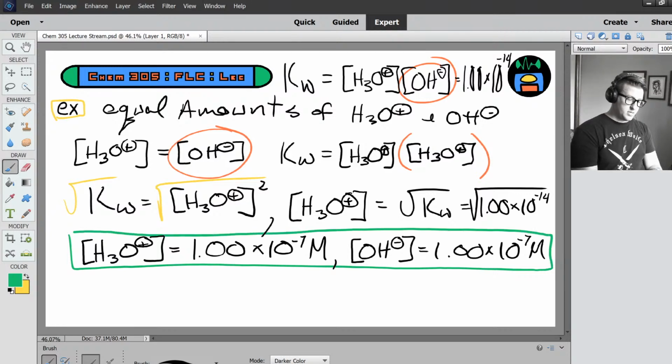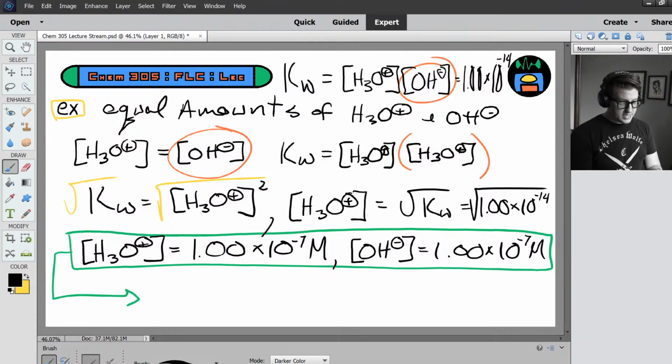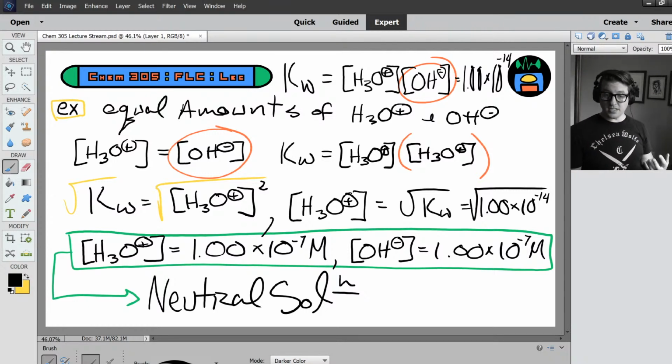A solution that has equal amounts of hydronium and hydroxide, equal amounts of acid and base, has a special name. We say that this is a neutral solution. It is neither considered acidic or basic. It's neutral because even though there's hydronium, which is an acid, and hydroxide, which is a base, present, they're both present in equal amounts.